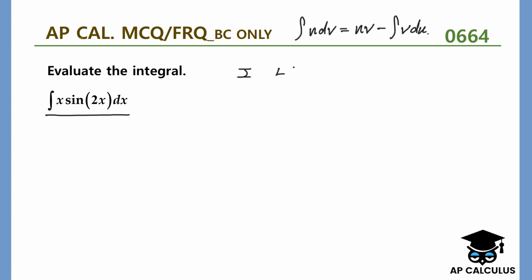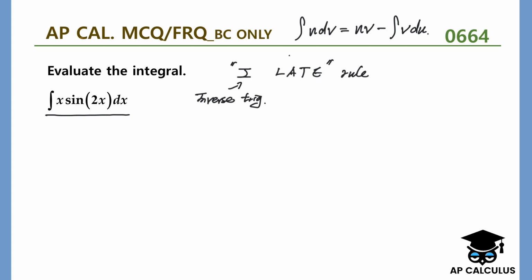The ILATE rule shows the order of preference when deciding which function to assign u to. I stands for inverse trig, like inverse sine or inverse tangent.